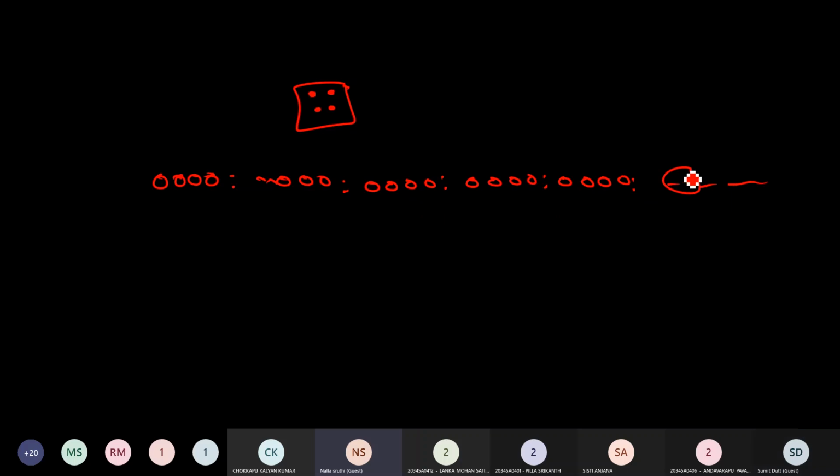What is the meaning of this? It means 0000 and so on, up to another 3 fields.